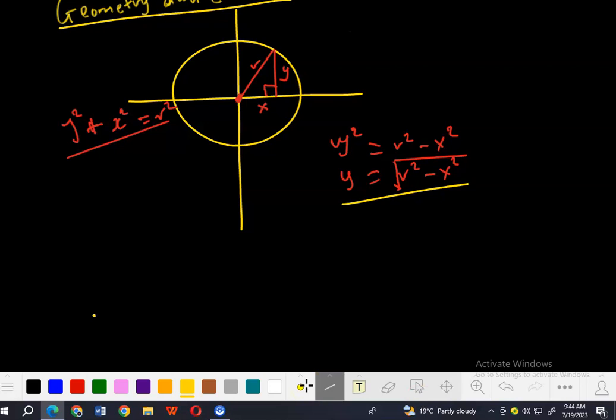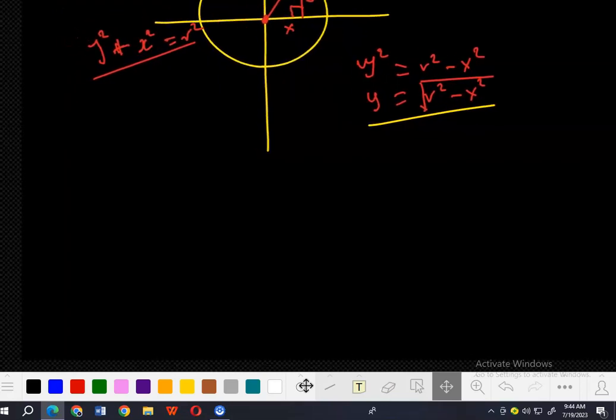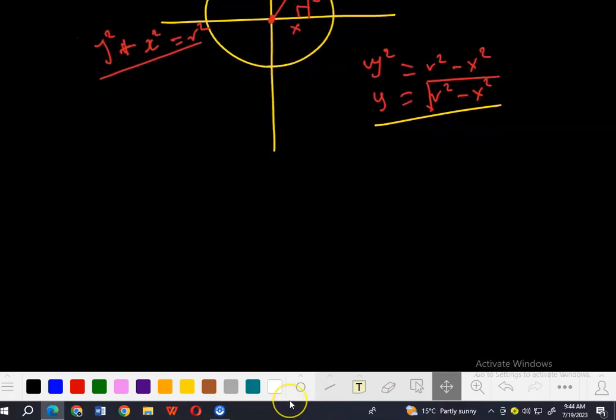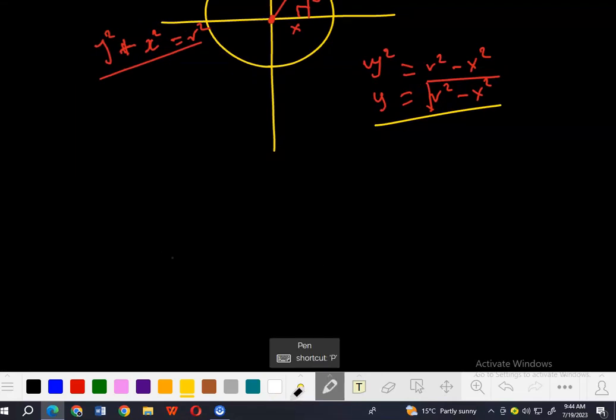So now we want to integrate this. Let me raise this up a bit. So what we want to integrate is: area is going to be equal to, you can see, eh? Yes.